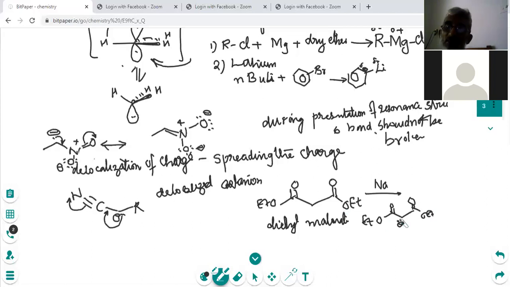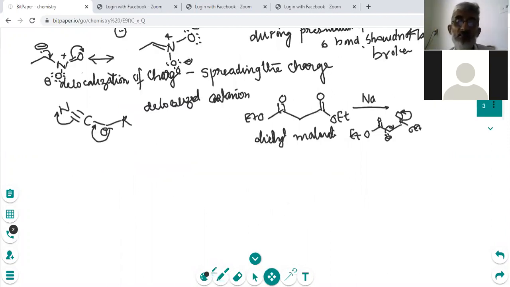You can spread this charge. See here, you put an arrow here. That means this lone pair of electrons is converted into a bond, and this can go here. It can form an anion. So, what is the resonance structure? Let us write the structure. I can write the resonance structure. Resonance structure will be stabilizing the species, the anion.